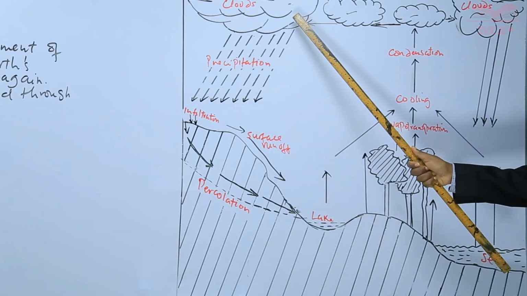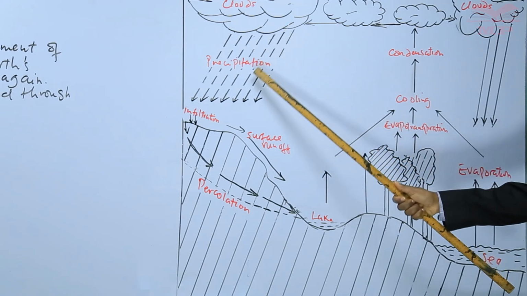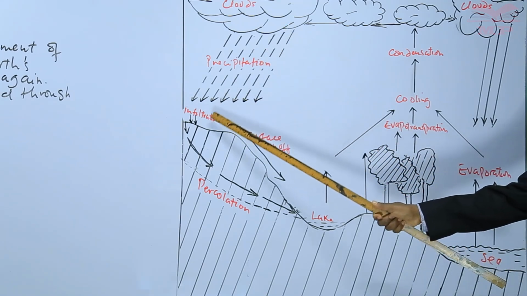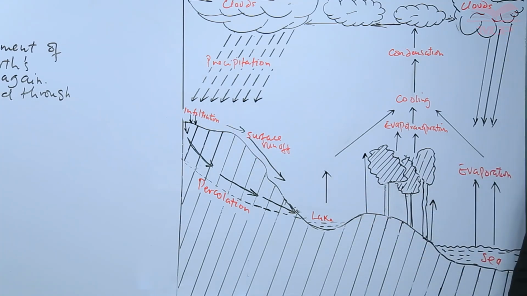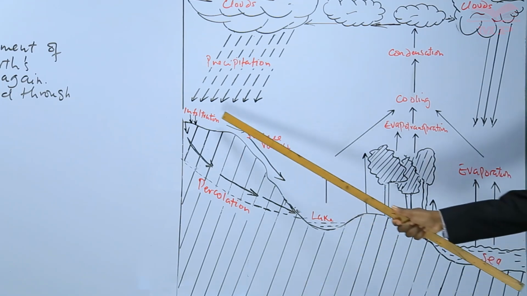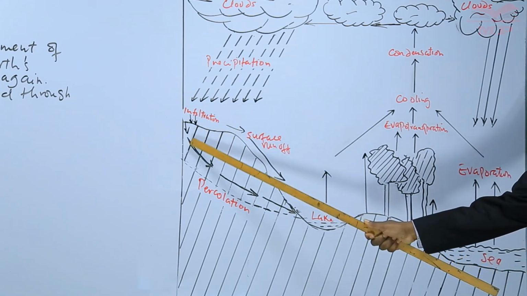And again, learners, you can see the water is coming back. Then the water hits the ground here through the process we are calling infiltration. Okay? Infiltration.